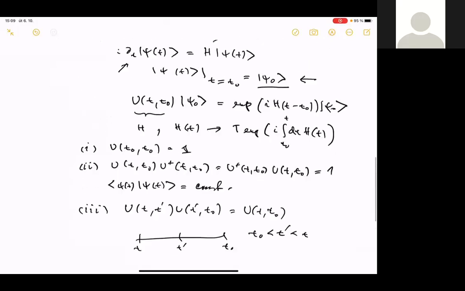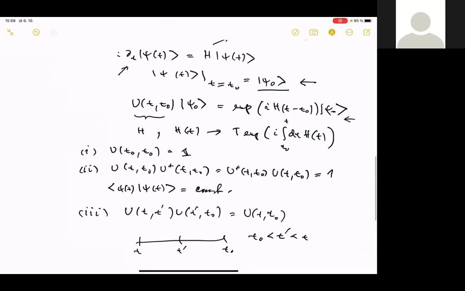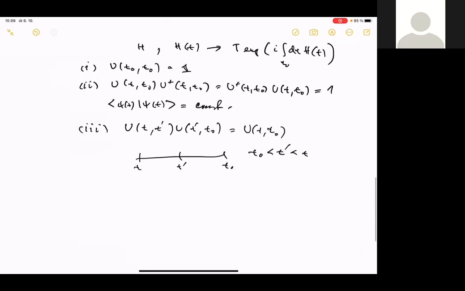Of course, from the formal solution for the evolution operator for the Hamiltonian which does not depend on time, we see that the evolution operator can depend only on the difference of the times, t minus t0. So the time evolution is the same when we both shift t to t plus some a and t0 to t0 plus some a.